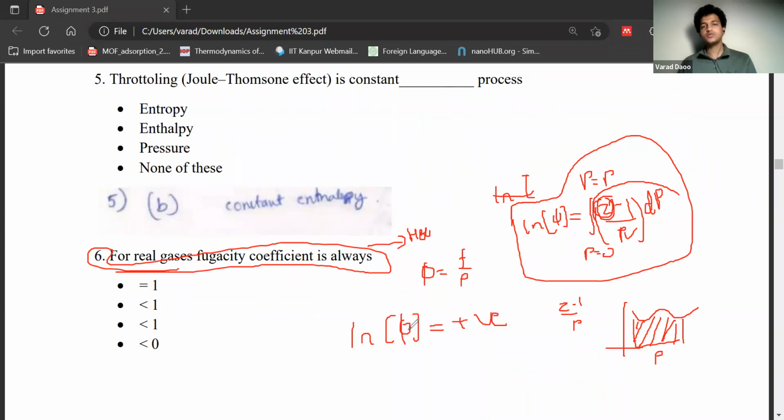So what is the value of pi? That is what they are asking. Can it be positive? Can it be equal to 1? Can it be less than 1, greater than 1, less than 0? Or the other option I will give, none of the above. It can be this also. Remember, I am giving this question as homework.